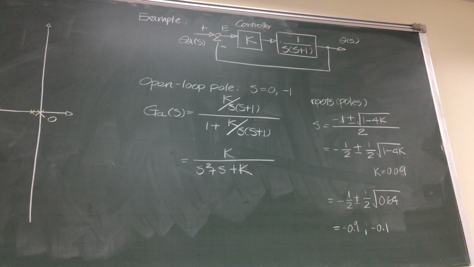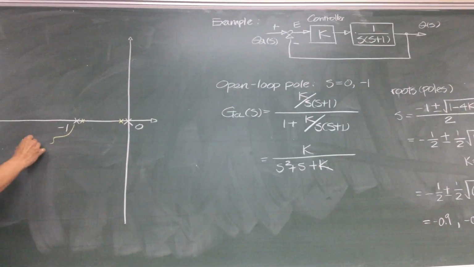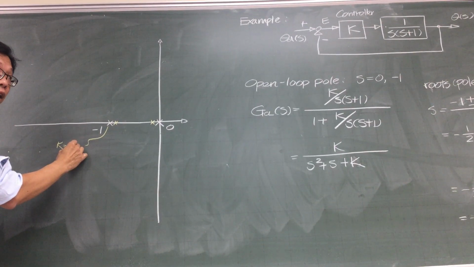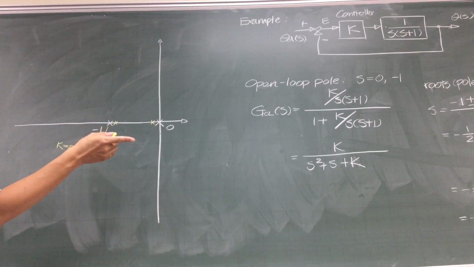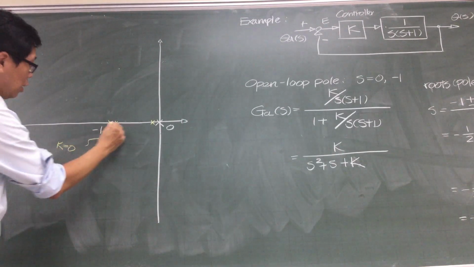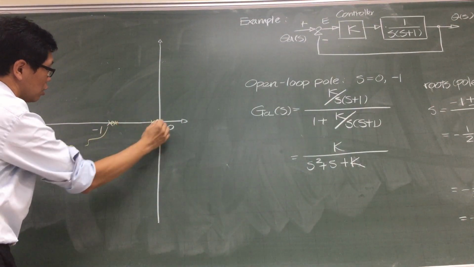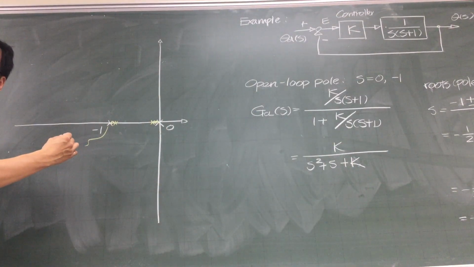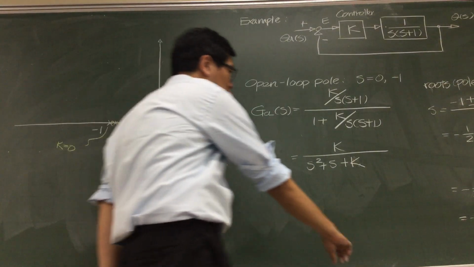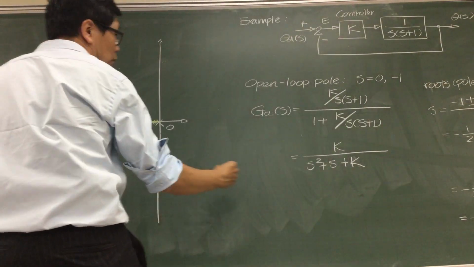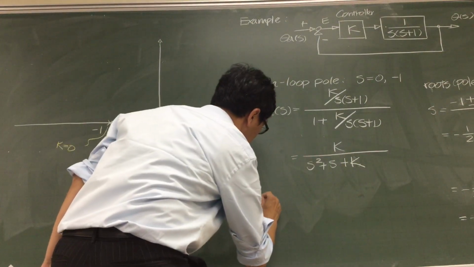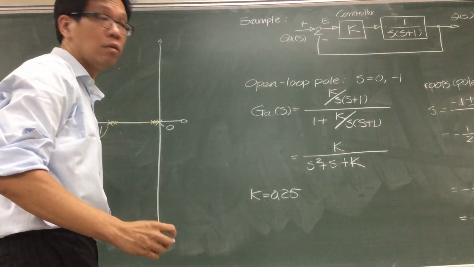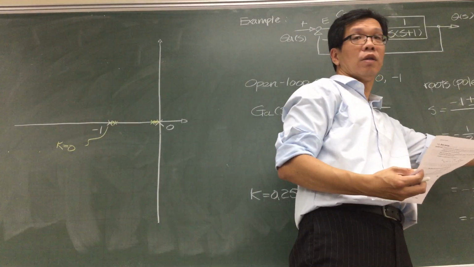So as my k increases, this one we know is k equals to what? When I say my k is increasing from 0 to 0.09, this one is moving towards this direction, and this one is moving towards this direction. Everybody with me? So if I have my k equal to 0.25, what happened? This part over here becomes 0.